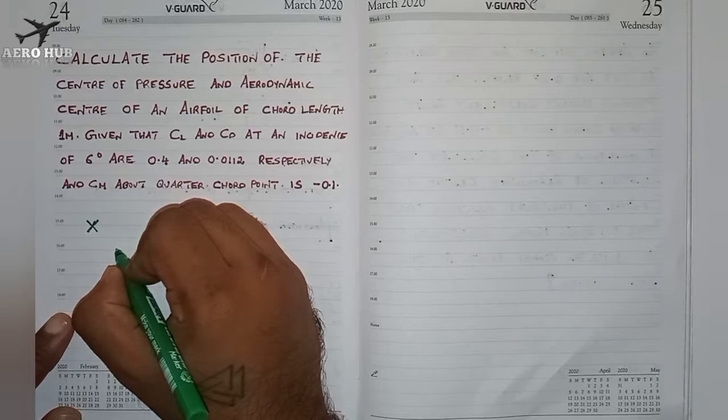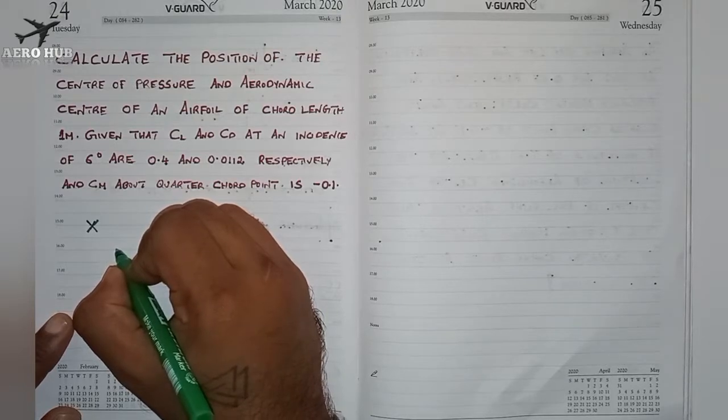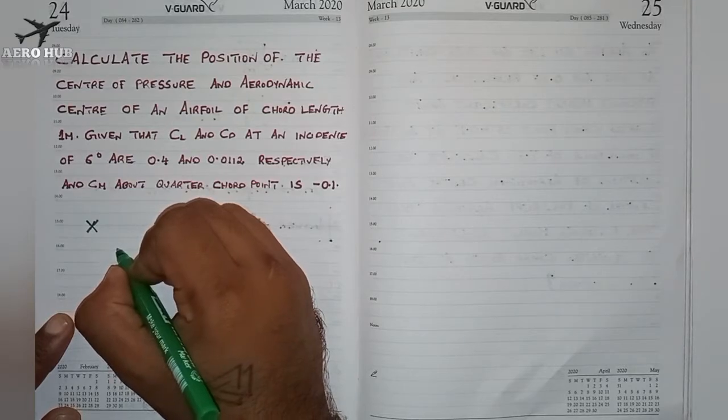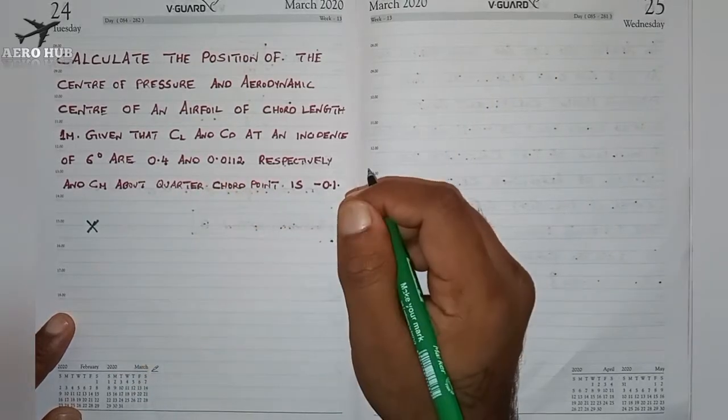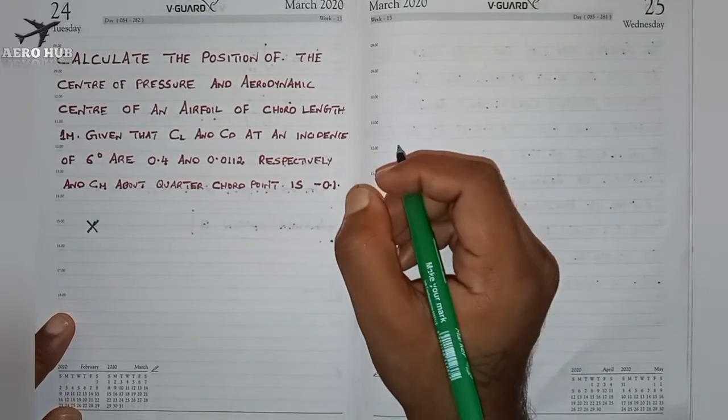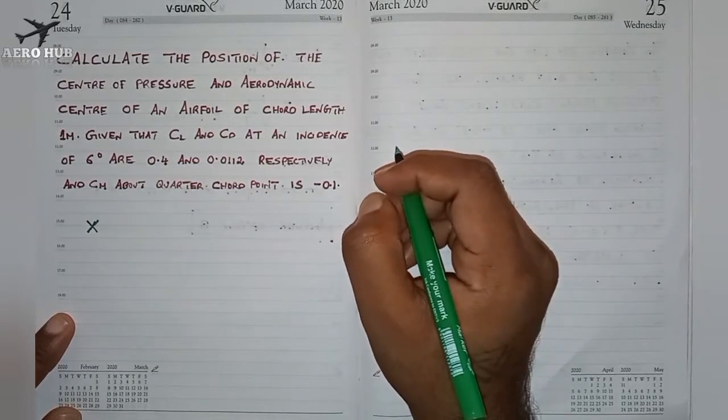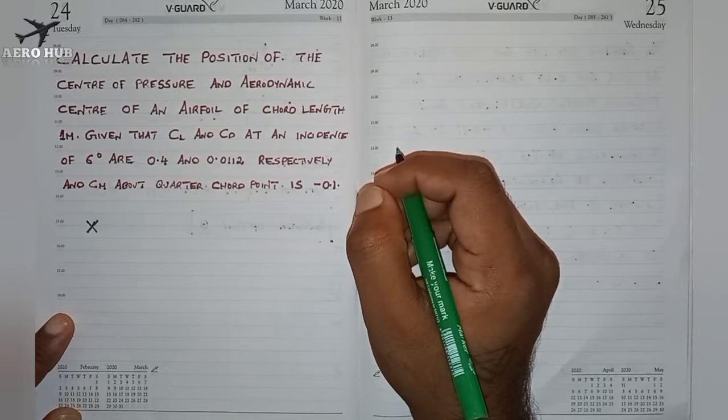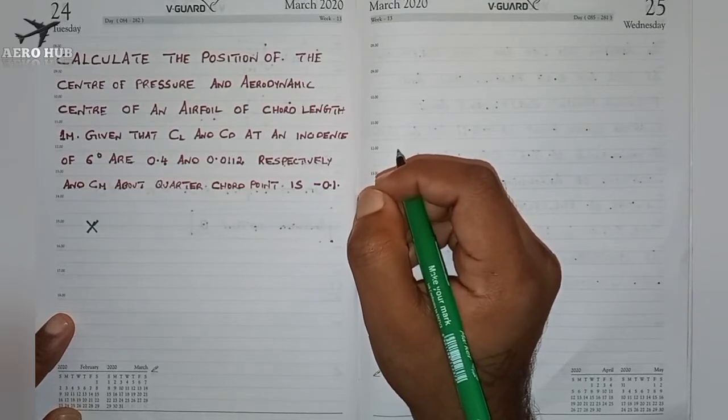And you are aware of what is center of pressure and aerodynamic center. Center of pressure will be changing with respect to the angle of attack, but the aerodynamic center is a particular point about which the pitching moment is always a constant. That is, when you change the angle of attack, the moment acting on that particular point is always a constant.